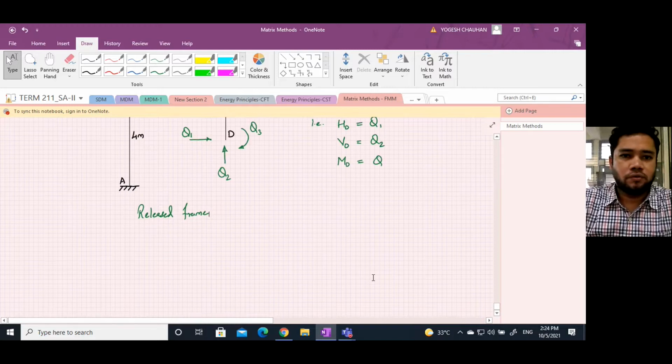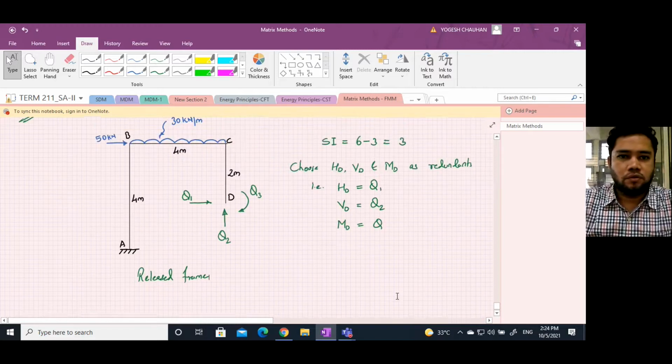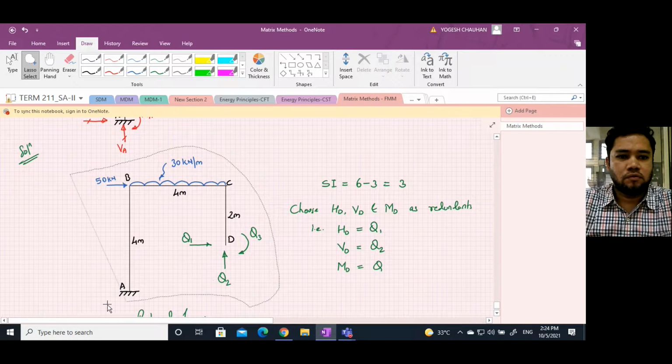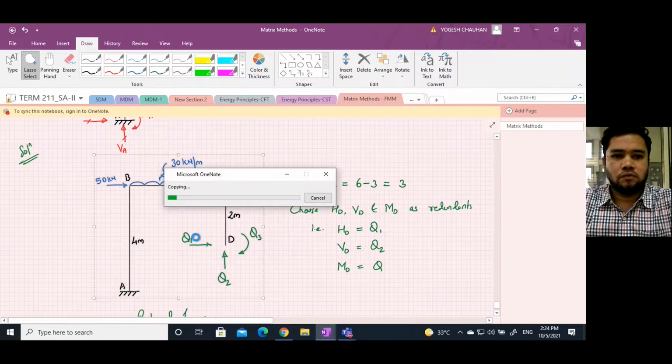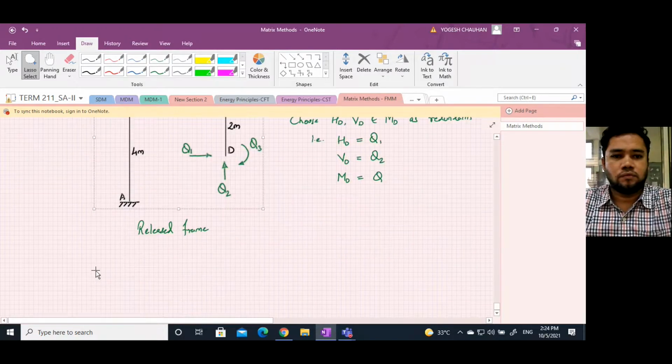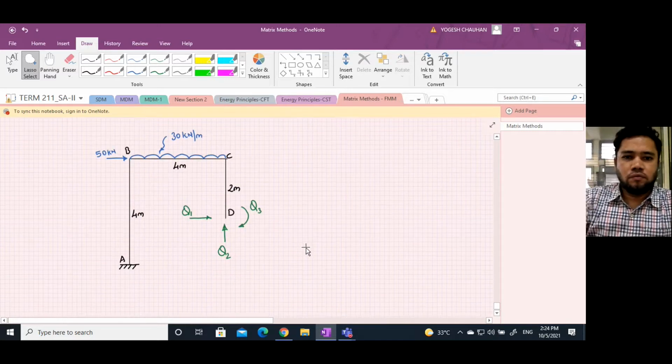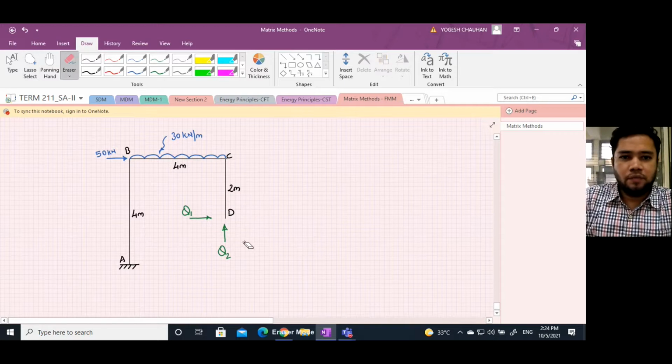So now for this released structure, we draw the capital M diagram and small m diagram.